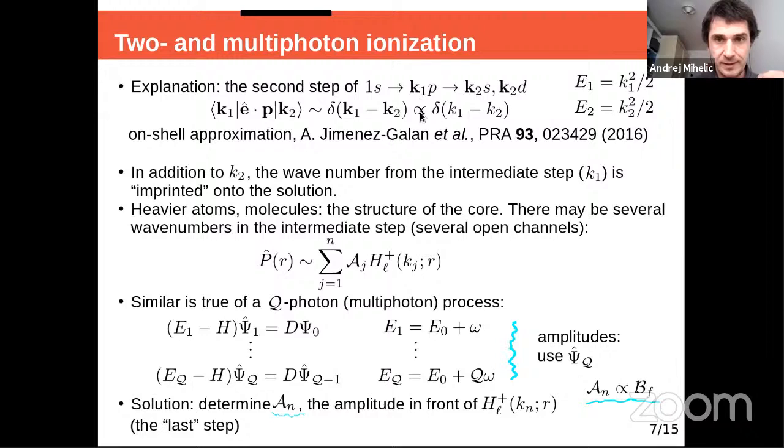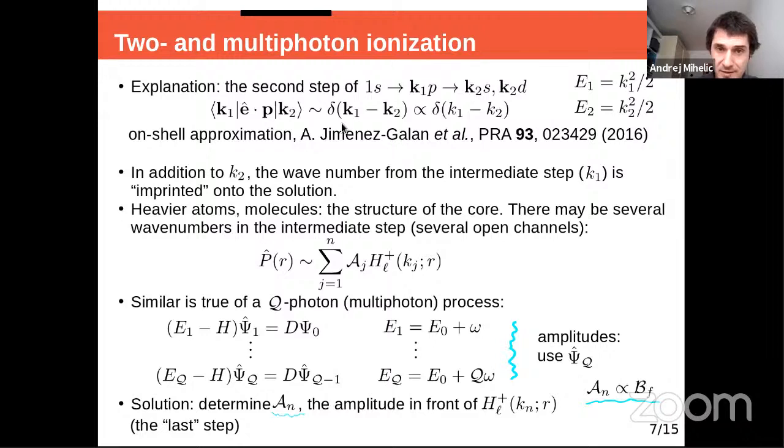This means that several different wave numbers can be imprinted onto the second order solution. This is why we can guess an appropriate ansatz for the asymptotic form of this radial function. It consists of a sum of weighted Coulomb waves with fixed wave numbers, and all of those wave numbers can be calculated in advance.